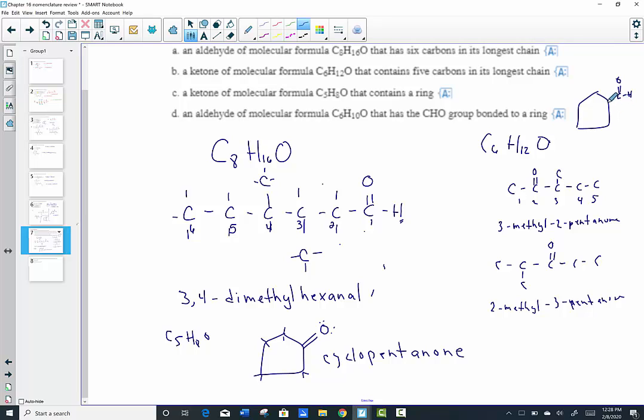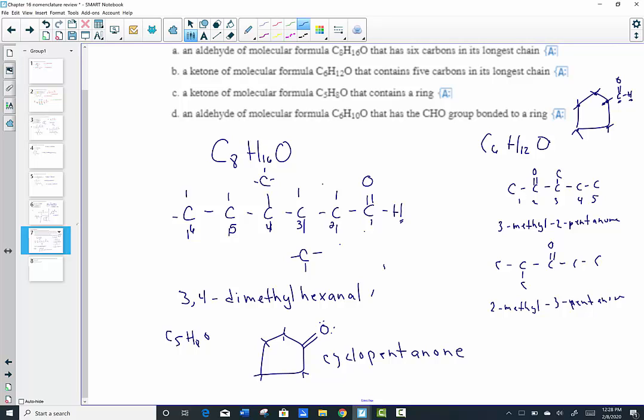So that's 6 carbons. 1, 2, 3, 4, 5, and the 6th carbon would be that in the aldehyde there. And then of course you would have enough hydrogens to satisfy the octet of each. 1, 2, 3, 4, 5, 6, 7, 8. This guy has just 1, 9, and there's the 10th one on the aldehyde. So that would be a 5-membered ring with the aldehyde coming out as a branch.